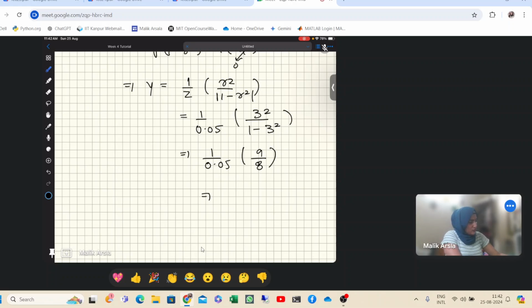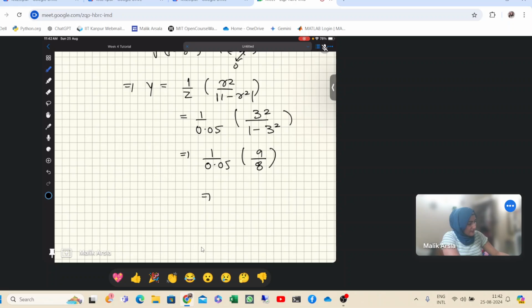Yeah, so it is coming out to be 22.5 mm. Okay, I guess that is correct. Let me check it once, because I'm not sure if it's correct or not.